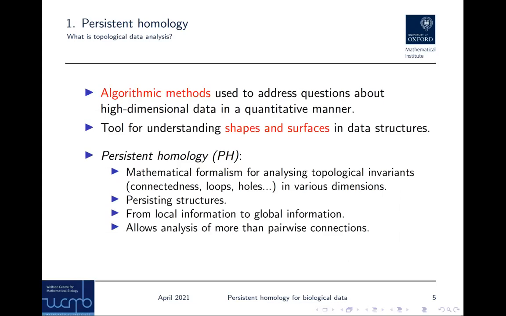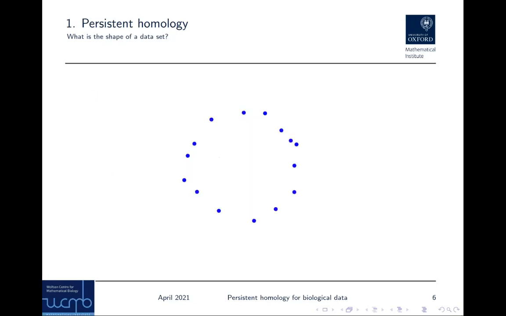And we don't just learn something about the shape of data, but also how much certain aspects of the shape persist in this data set. We look at local information to get a global idea of the whole data set. And in particular, what is interesting in the context of networks is that this allows the analysis of more than just pairwise connections.